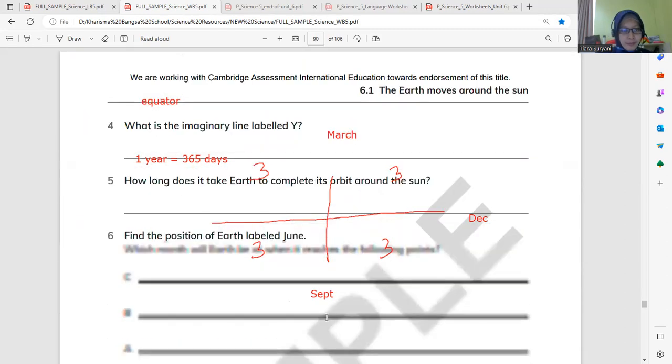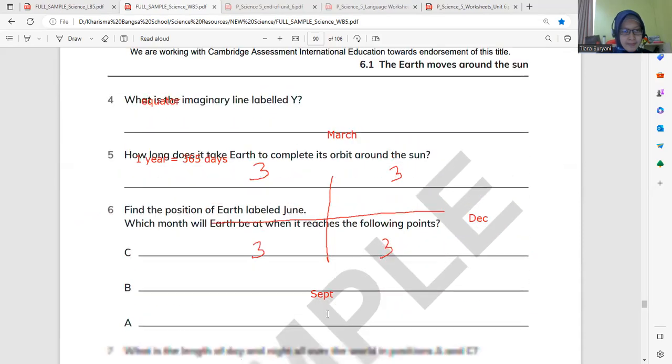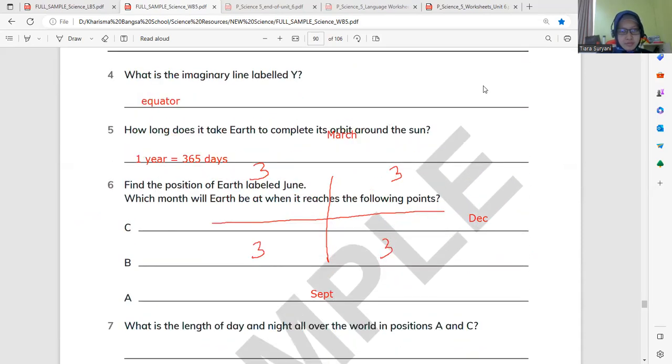So C is 3 months after June, it's September, and then December, and March.